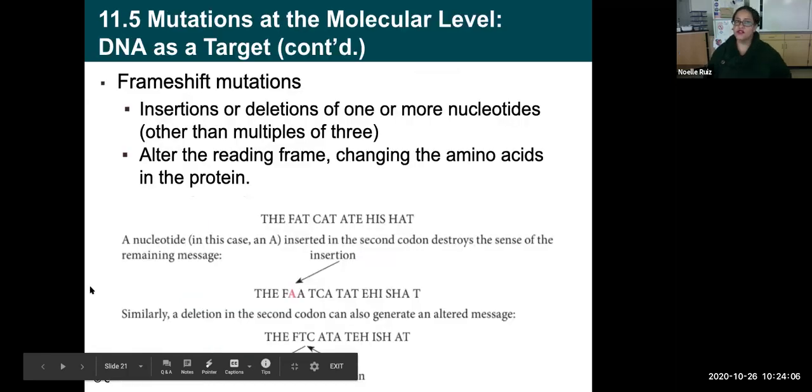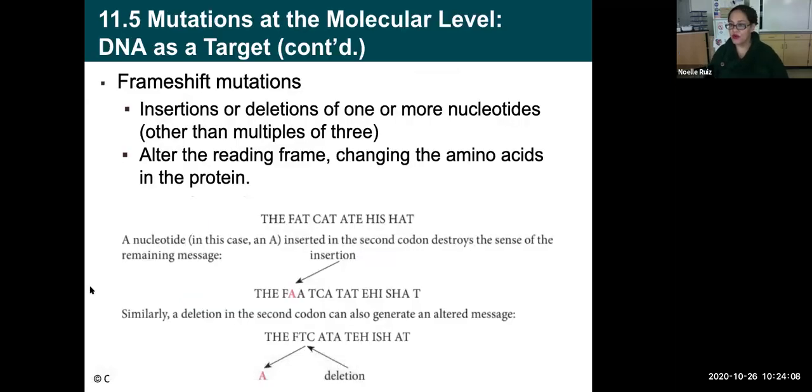Frame shift mutations are insertions or deletions of one or more nucleotides. They alter the reading frame, which changes the amino acids in the protein. So this is a common example to illustrate frame shift mutations. You take a sentence made of all 3-letter words.